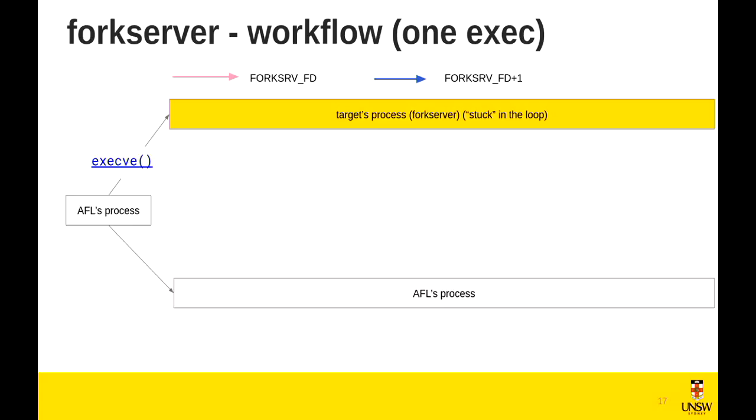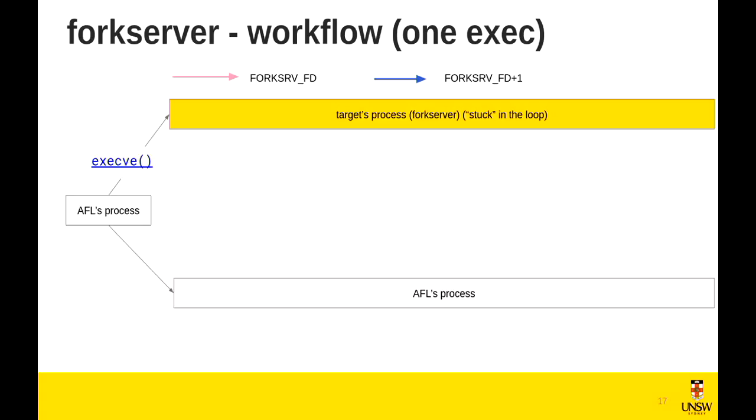Because we have executed exec here, this child process will become the process belonging to the target program. And because we injected the fork server at the main function of the target program, and every program starts with the main function, the fork server's logic is basically a loop. So it will be stuck in this loop here.